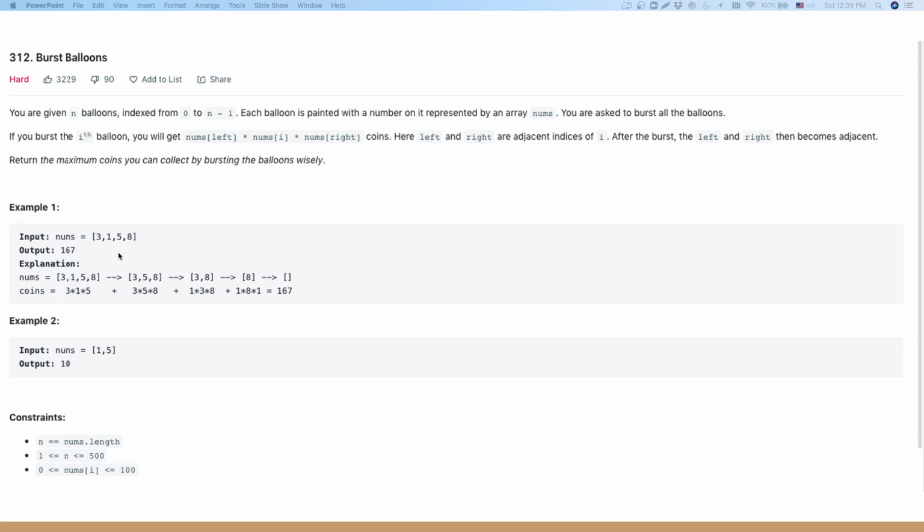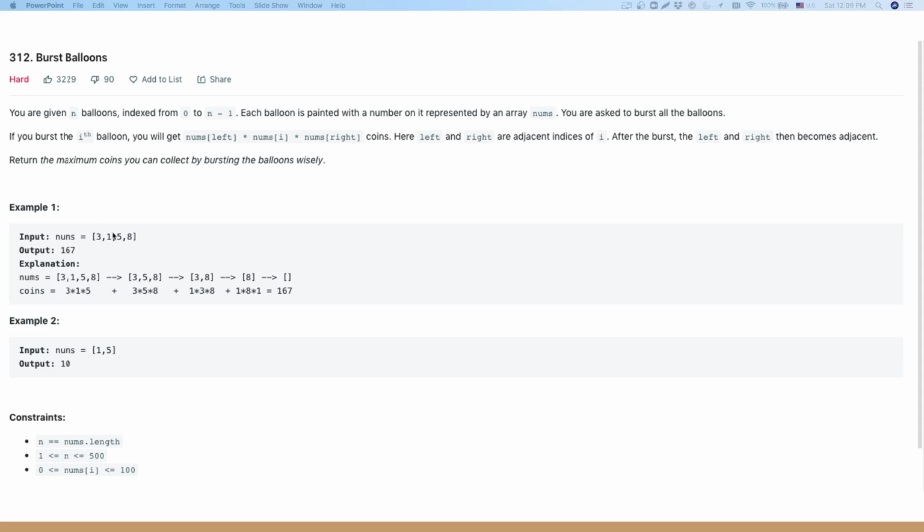So let's think about how the machine works to solve this problem. We are given 3, 1, 5, 8. Let's think about if we only have one particular coin left. For example, we have 3 right here. We only have one coin, which is 3, and the coins we can collect are 3 times 1 times 1, which is 3.